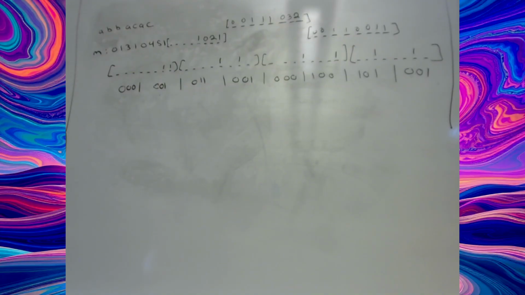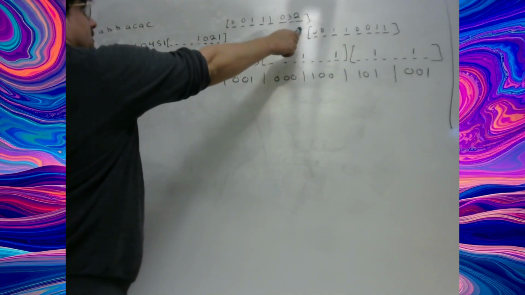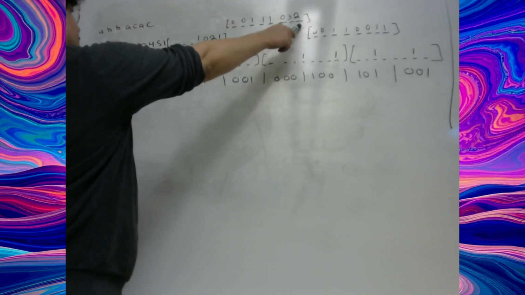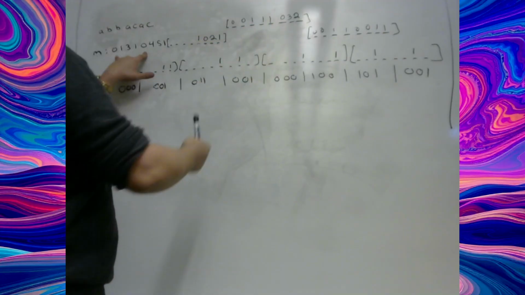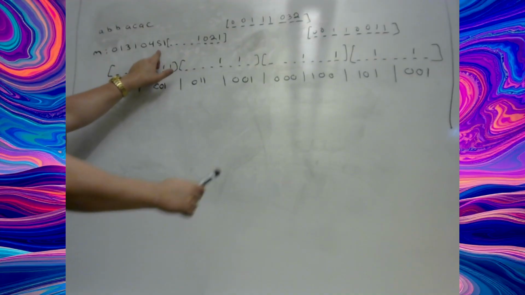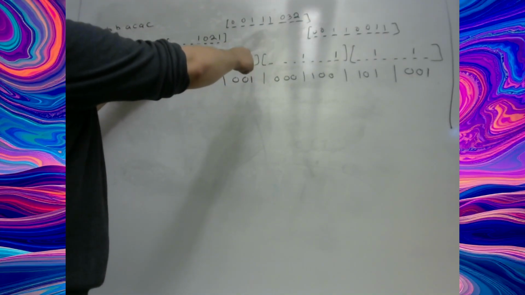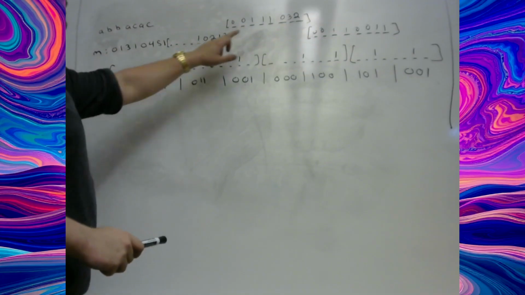Oh, including the empty string. Yeah, there are two zero prefixes. There are 3 prefixes with parity 1, 0 with parity 2, and so on and so forth. Then I got 1, 3, 1, 4, and 1, 5. Okay?